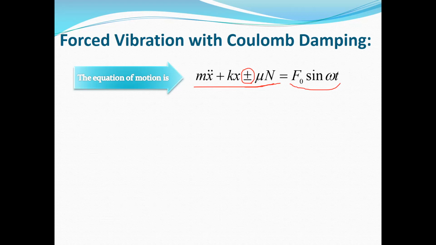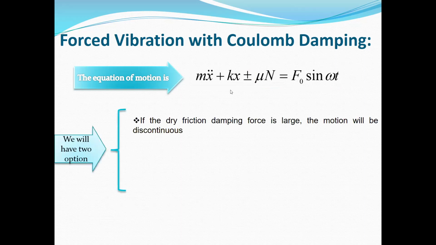You need to obtain the response for specific half cycles, and it's a very long and complicated procedure. But generally, when we deal with the forced vibration of Coulomb damping systems, we will have two main options.